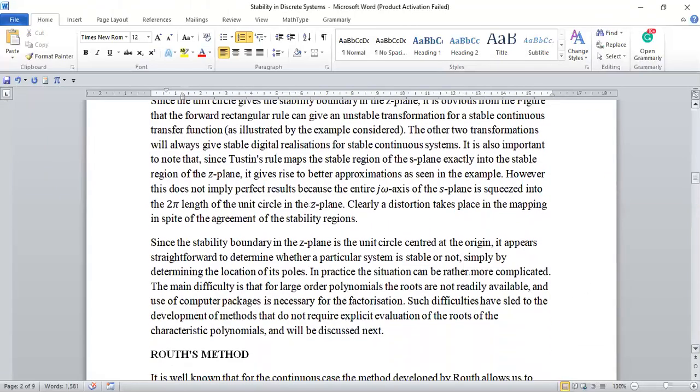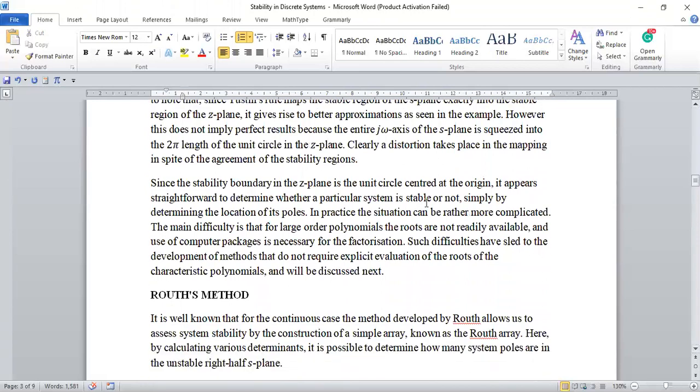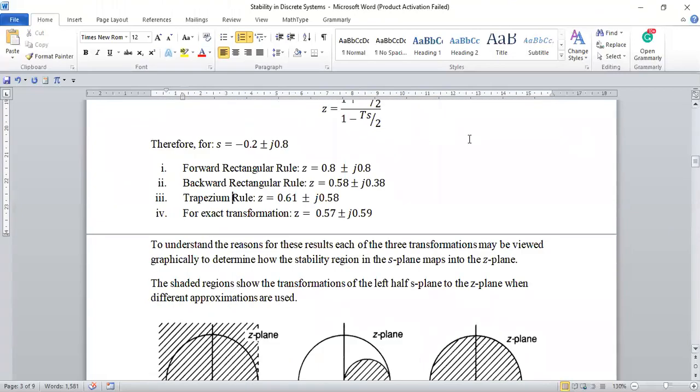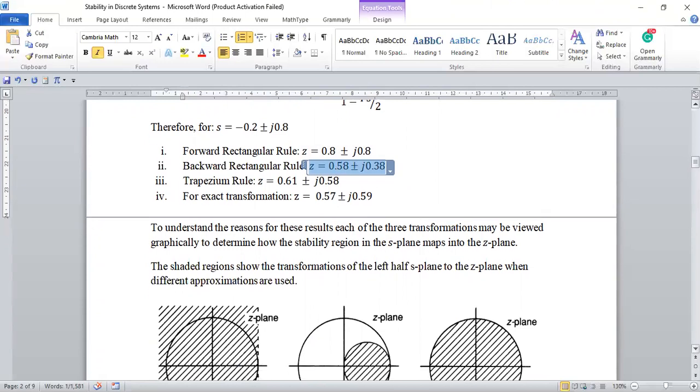And now, this particular part we just covered is when you have poles in the form of this. So just looking at this and plotting it on the unit circle, we can determine if the system is stable or not stable in the Z-plane.